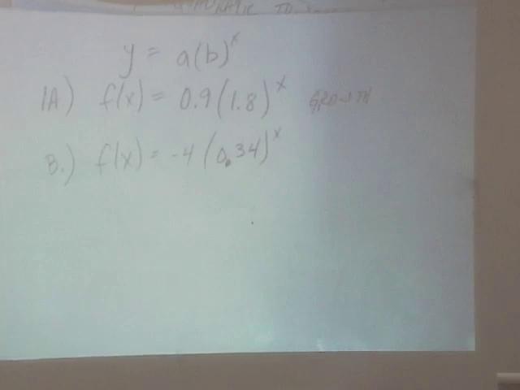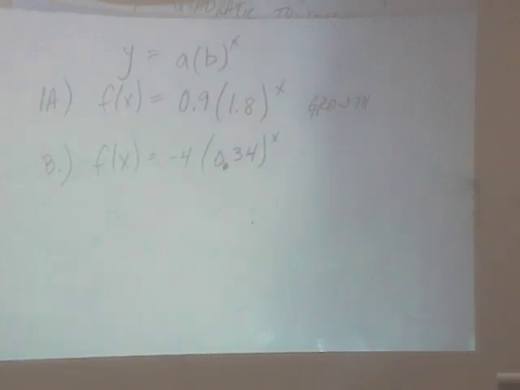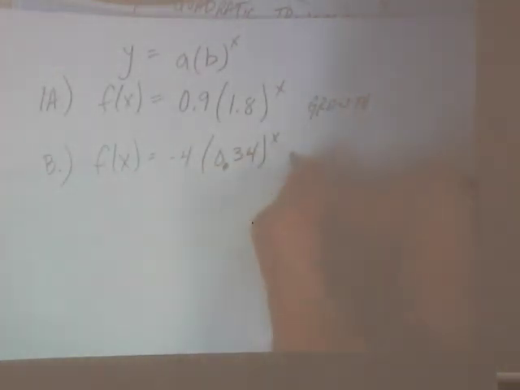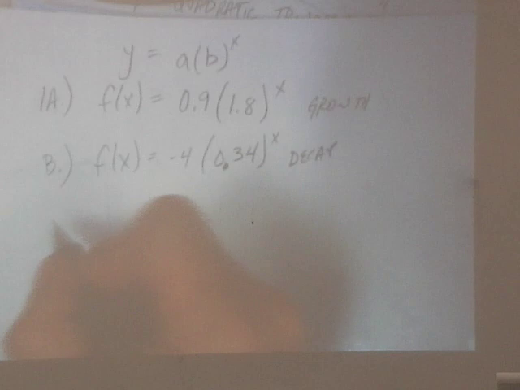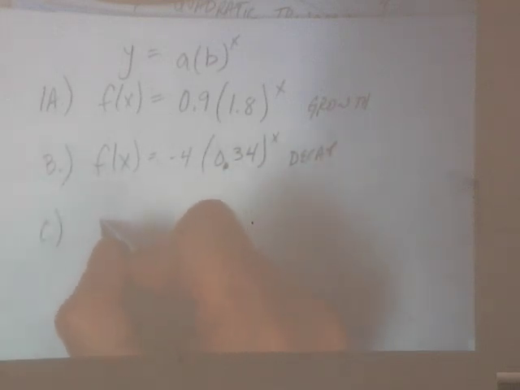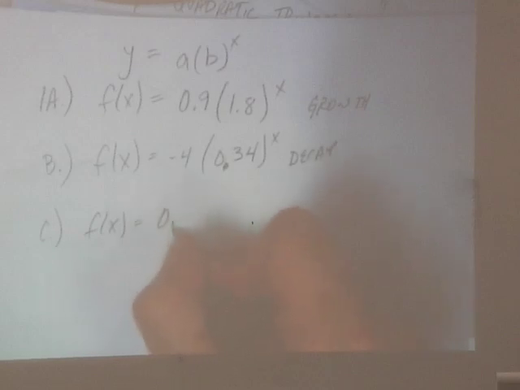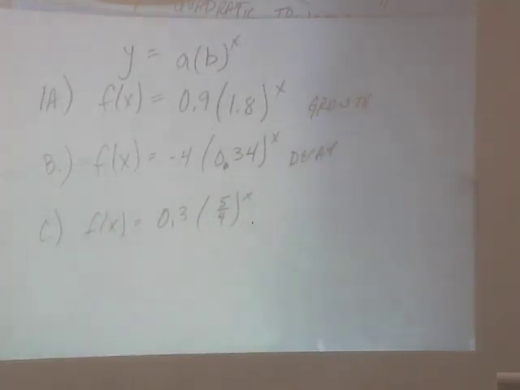So in this case, our b value is between 0 and 1, so it's decay. Does a negative have anything to do with it? No, not this question. What about that b value?